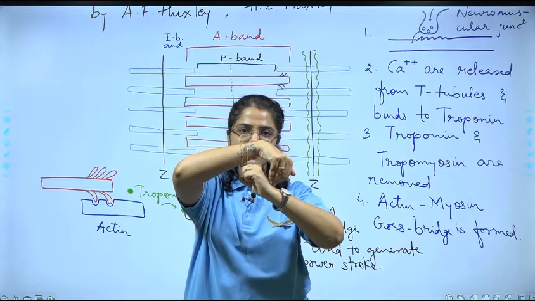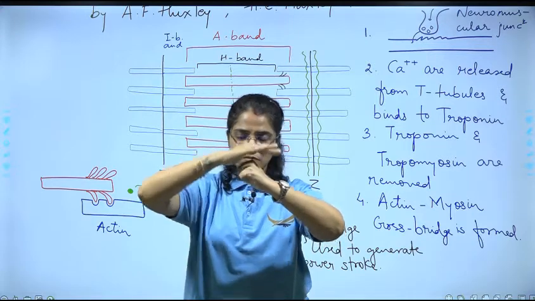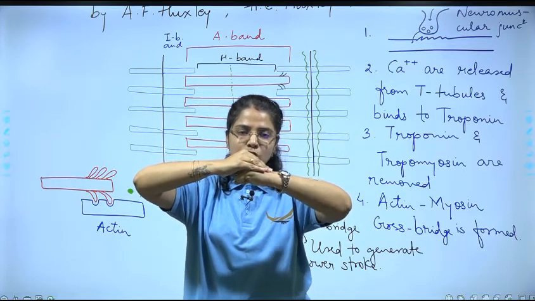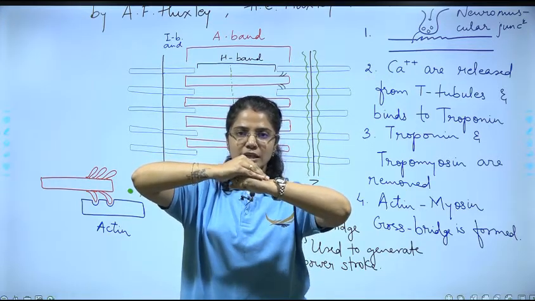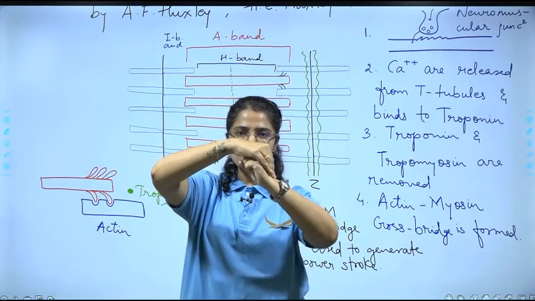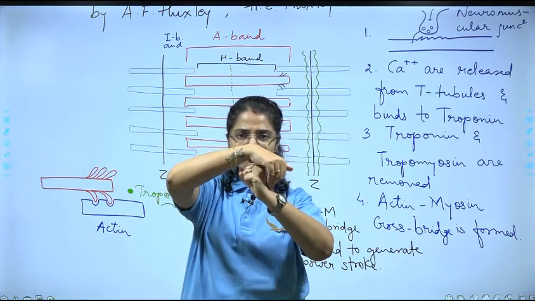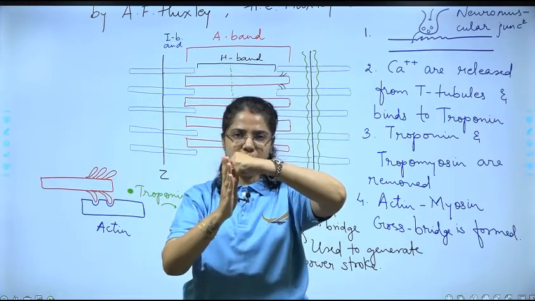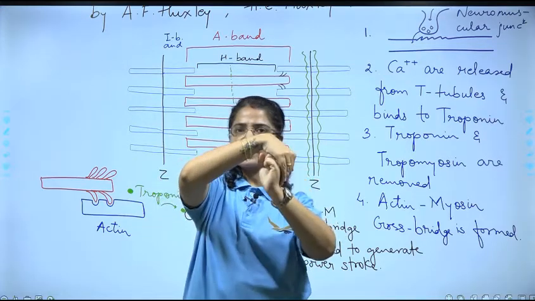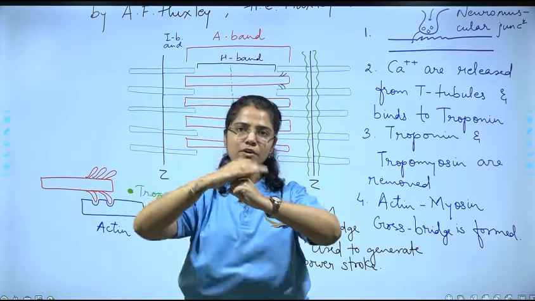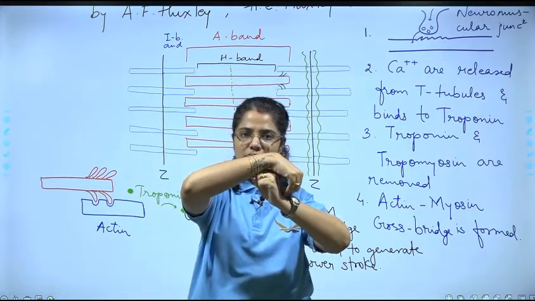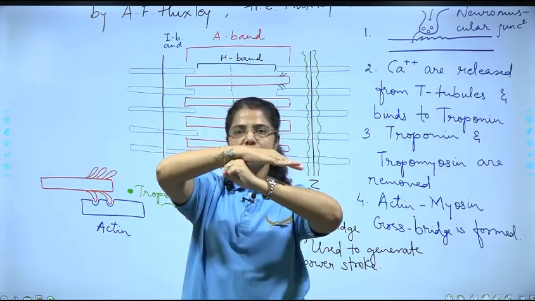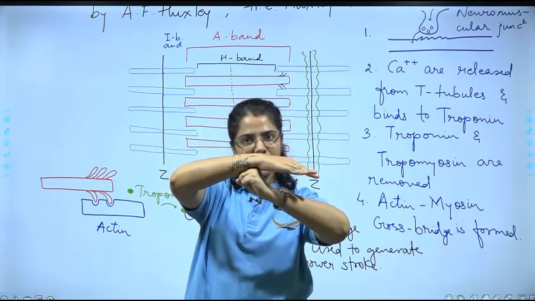So what happens, this is actin, this was the actin-myosin bridge formation. When the power stroke is taken, it so happens that it pushes the actin filament inwards. Again I am repeating, the structure is like this, and if this happens like this, then what will happen to the actin filament? It will pull it inwards, correct. And now again the myosin head is ready to bind to another active site.